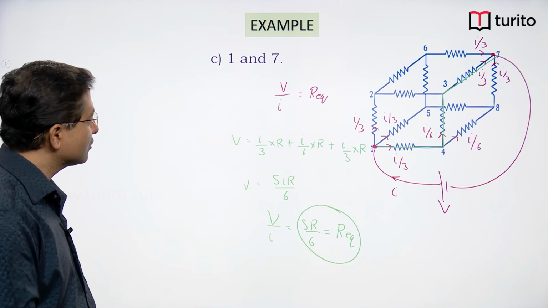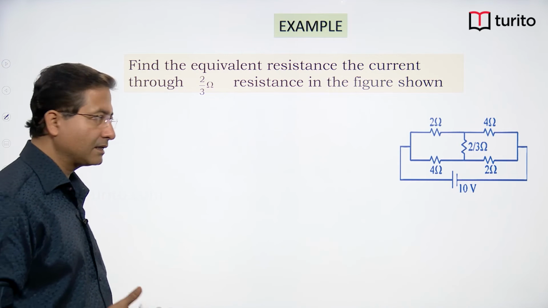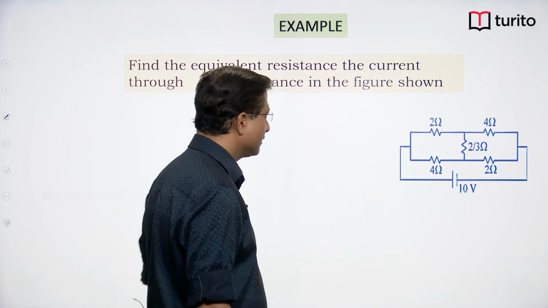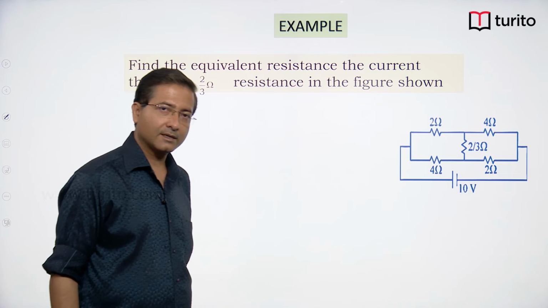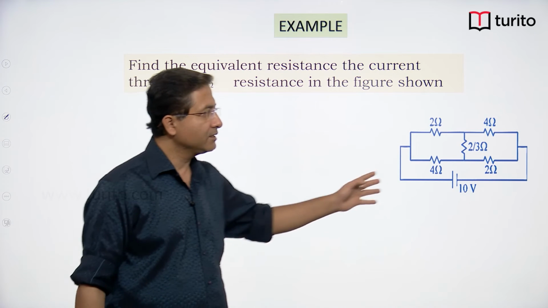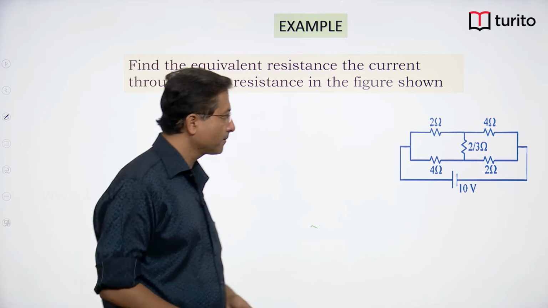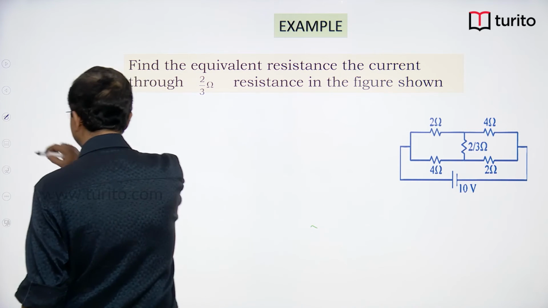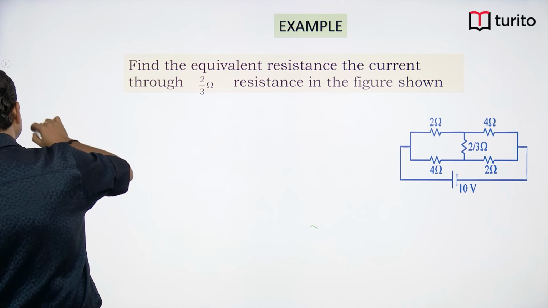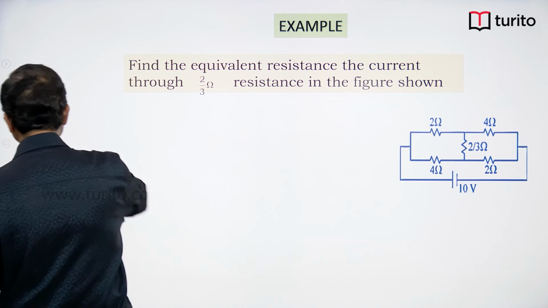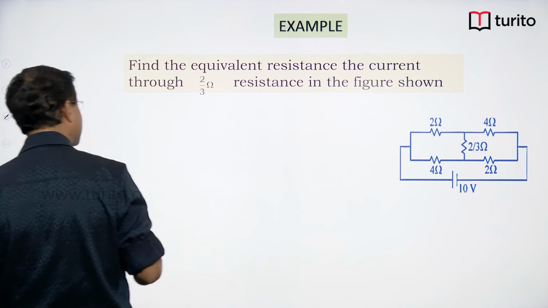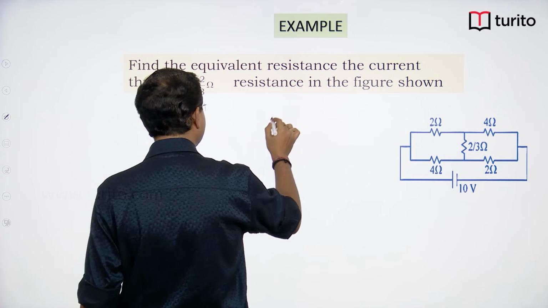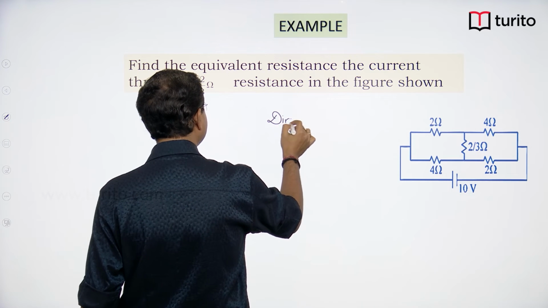Now, based on this one, let us take one more example. If I give you this circuit, look at this one, no series parallel, so our first step, direct series parallel.